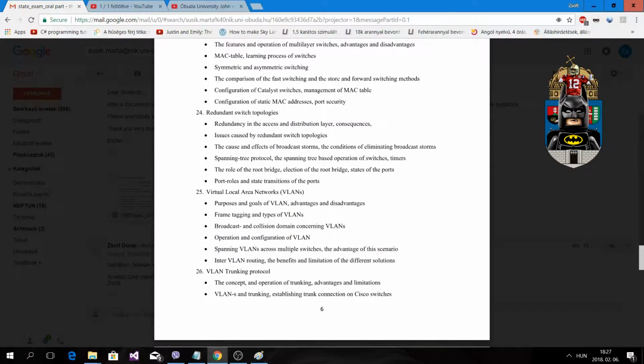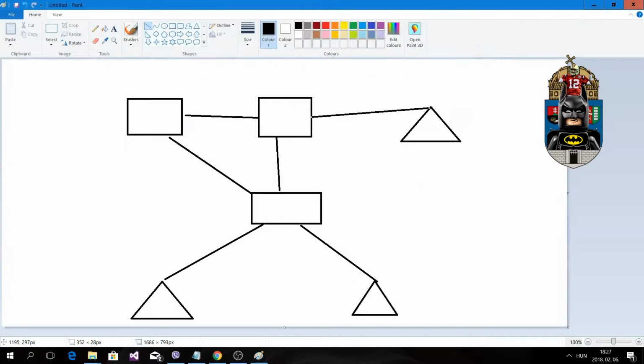As I said, switches are working at layer 2, so they don't have routing tables like the layer 3 routers, therefore they are using their MAC table. So imagine a simple network where we are having switches, and imagine the first host, the second, and the third.